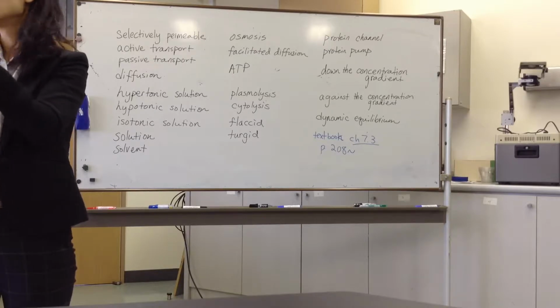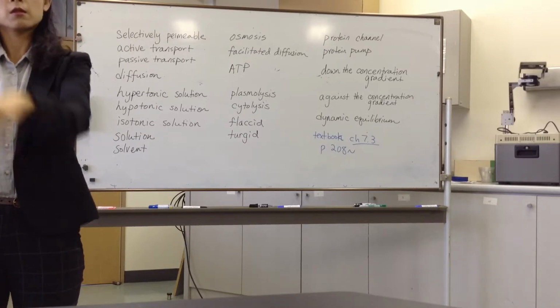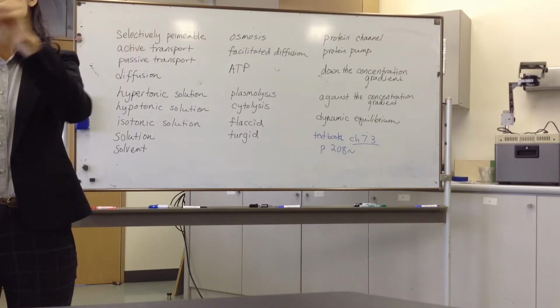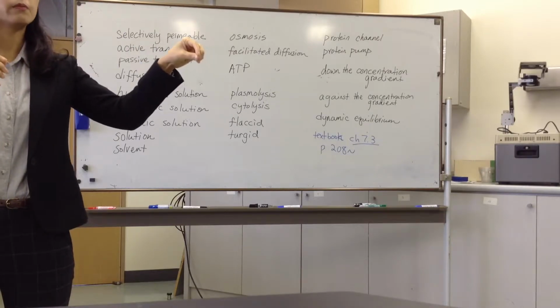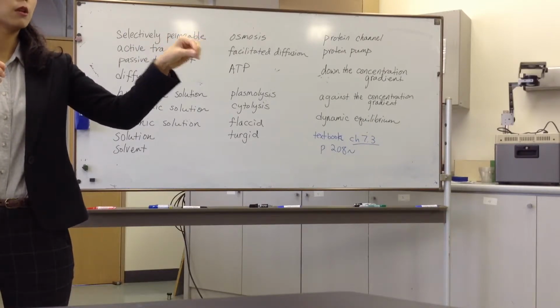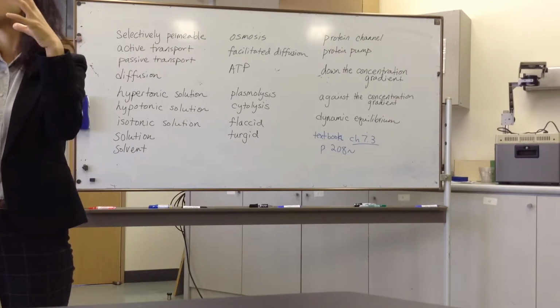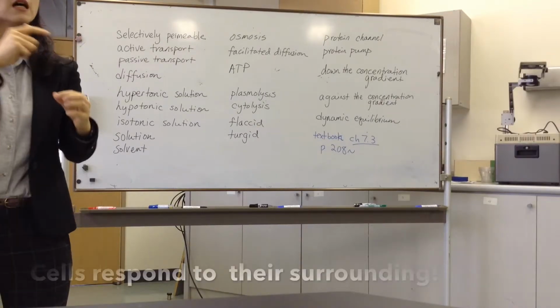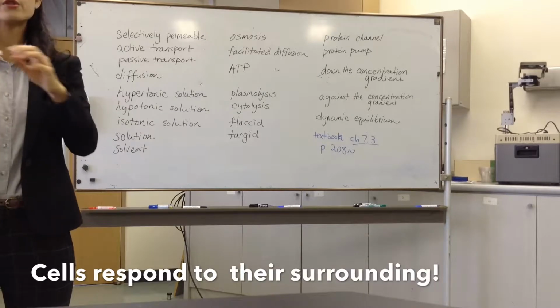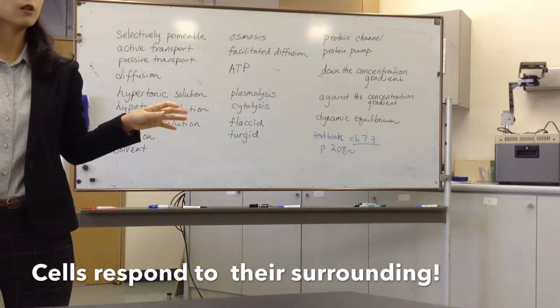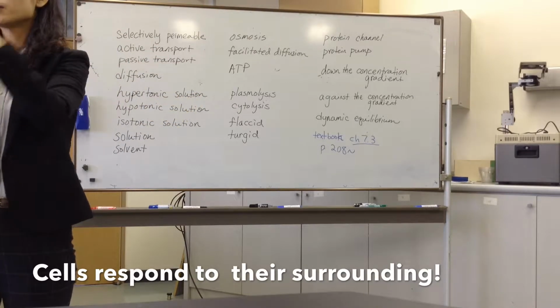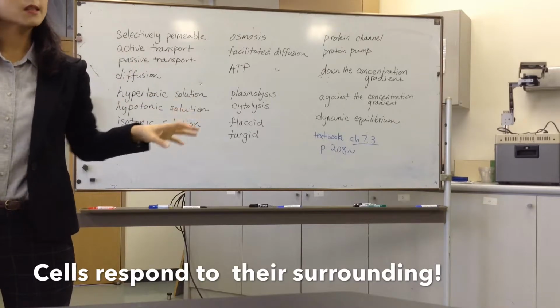If you then take that same piece out of that salt water and put it back in fresh water, it will probably go back, right, to its original size. Alright, so we're seeing how the cell is responding to the solution that it's sitting in.